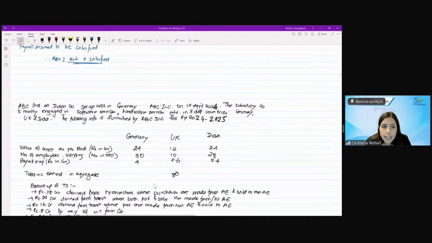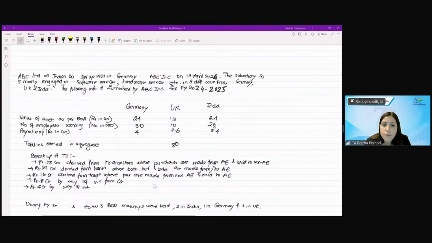Total income earned in aggregate is 80 crores. 28 crores is derived from transactions where purchases are made from A and sold to non-A. 24 crores derived from transactions where both purchase and sale are made from or to A. Rupees 16 crore derived from transactions where purchases are made from non-A and sold to A. 8 crore by way of income from CG and 4 crore by way of interest.